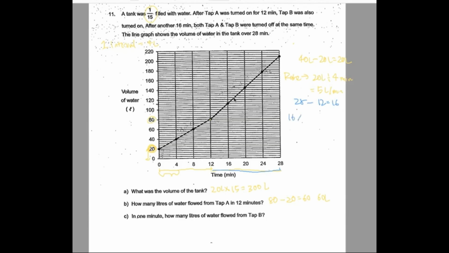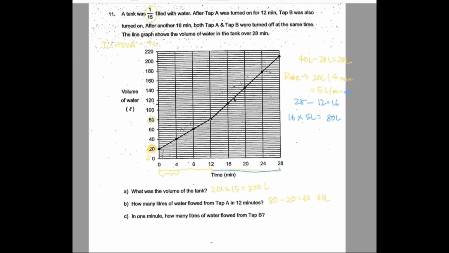It will be 16 multiplied by the rate, 5 liters, 80 liters. All right. So between 12 to 28 minutes, 80 liters of water flowed from tap A.